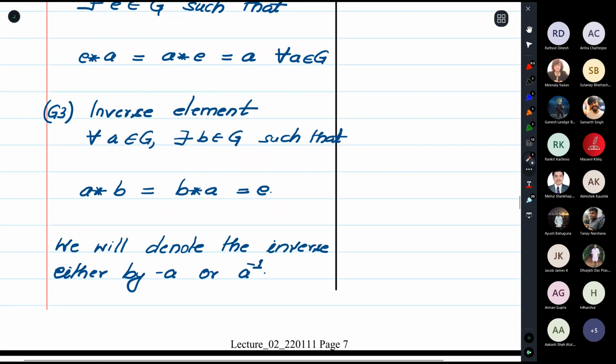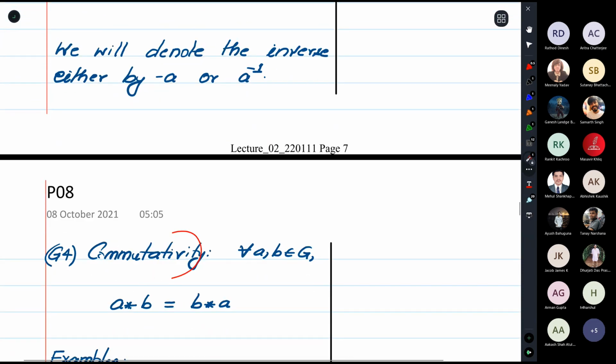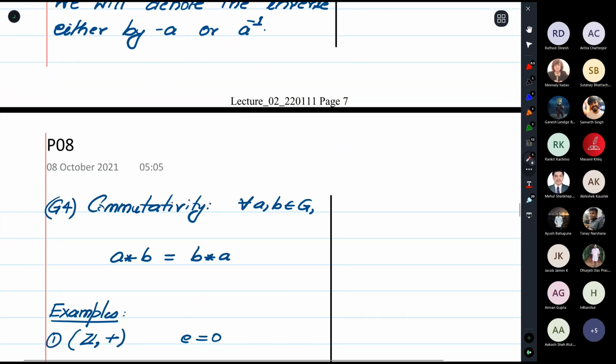If it is additive, we denote the inverse as minus A, and if it is multiplicative, we indicate it by A raised to minus 1. And the last property is commutativity, which says that it doesn't matter the order in which I perform the operation. Either I give A as the first input and B as the second, or vice versa. However you perform the operation, the result should be the same.